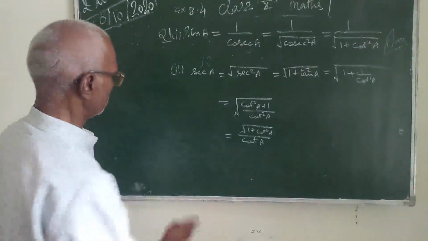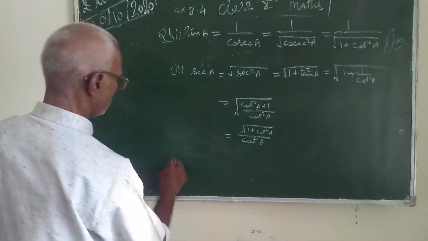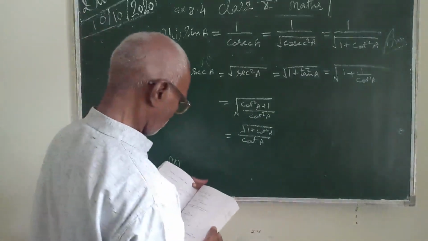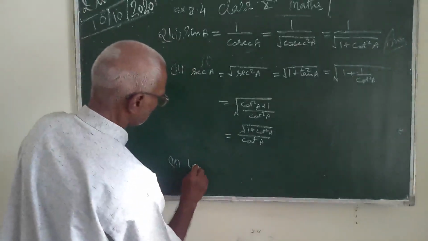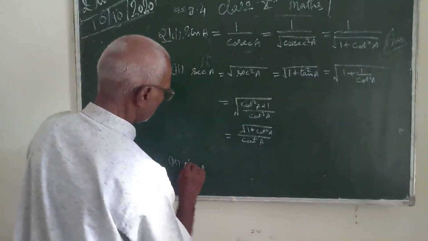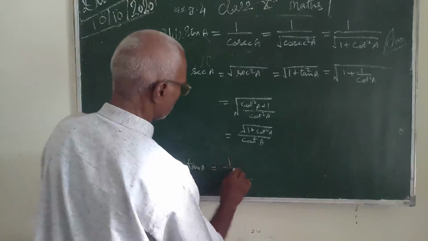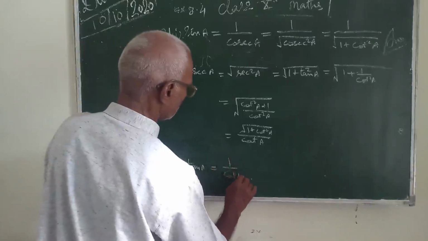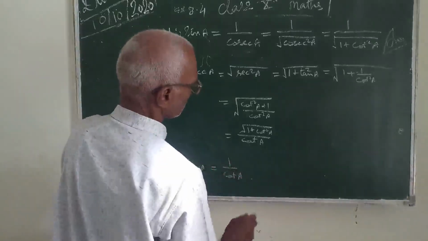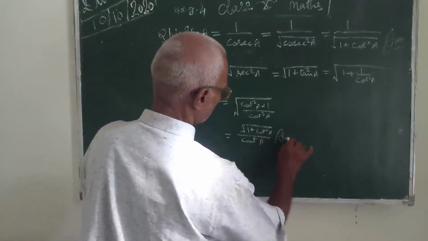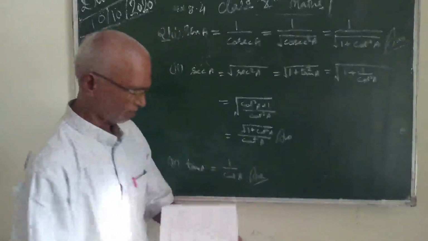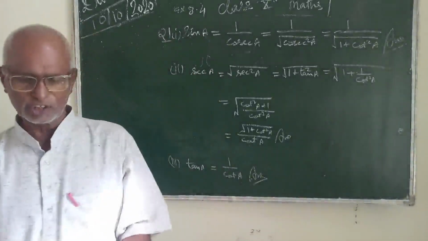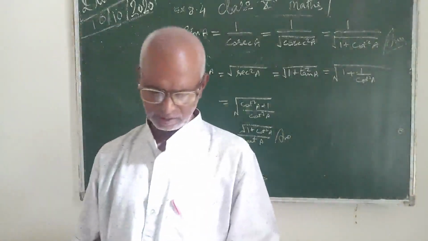The third one is to represent tan A. It is simple. Tan A is 1 upon cot A. It is very simple. So this was the answer of the third part. This way any ratio can be represented in the form of any other ratio.